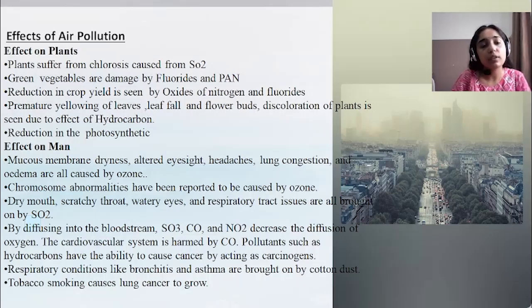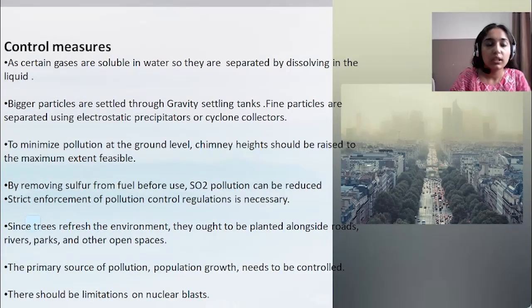Now, effects on man. The effects on man can be seen through various diseases a man suffers from, like dryness, altered eyesight, headaches, lung congestion, edema. These are the harmful diseases a man suffers from due to air pollution. Lung cancer can also be one of the biggest results of air pollution. Now, these are some of the control measures by which air pollution can be controlled.